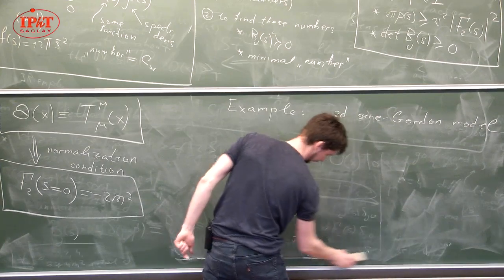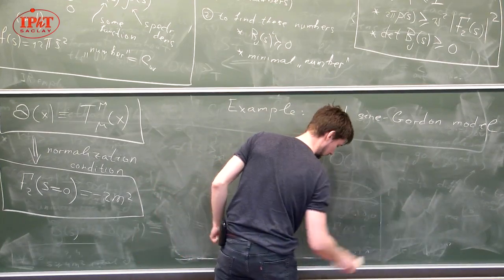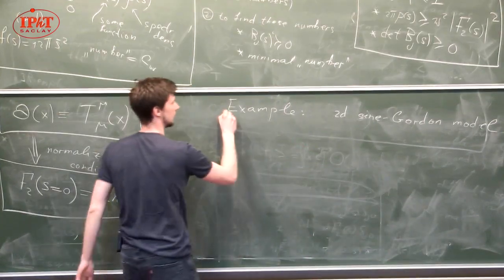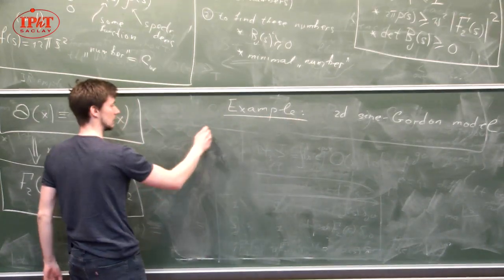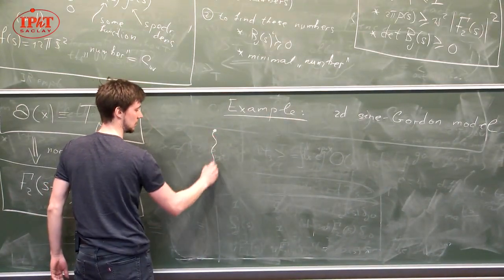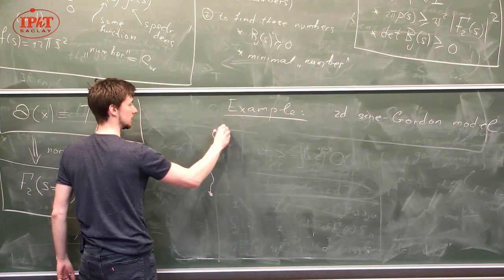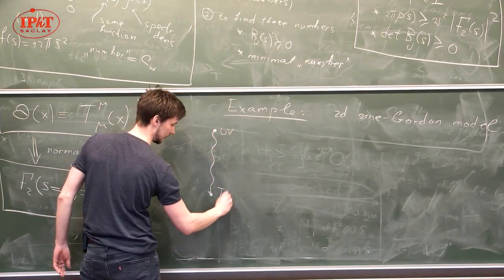So the Sine-Gordon model is defined in the following way: UV, IR.